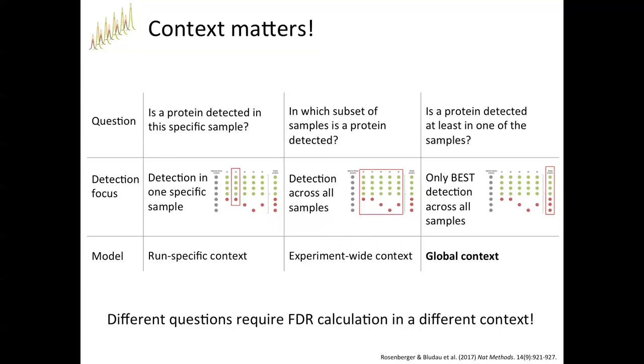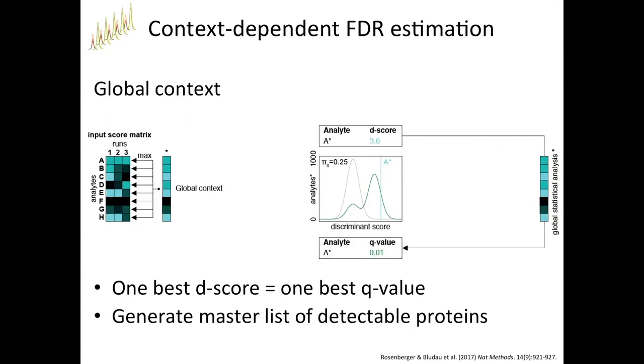And what this means is that we can basically take the best protein detection across the entire data set as a surrogate for the global detection. And then we will get an optimal best D-score distribution. And then you only get one Q-value for each analyte. And by using this, you can generate a master list of detectable proteins in your study.